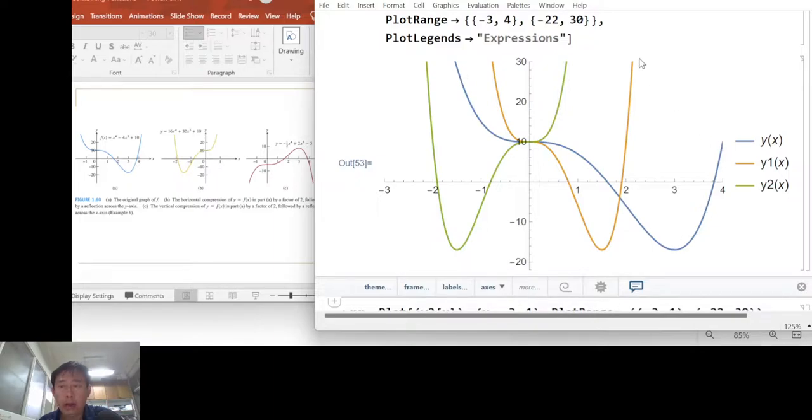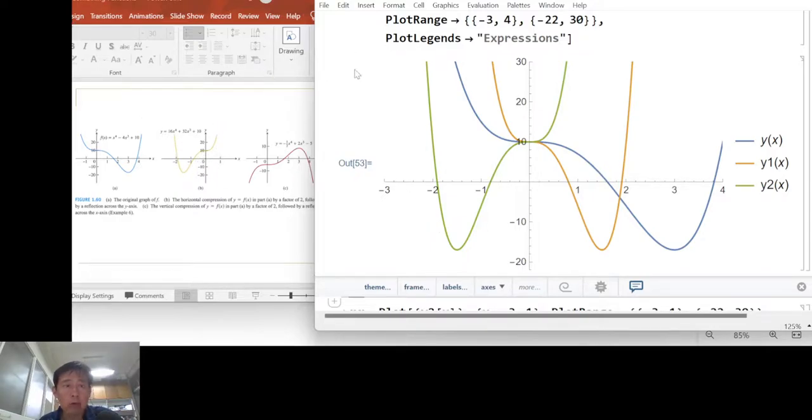Then this function y1 is reflected about the y-axis to result in a curve which is green in color. So this is the resultant function after the two successive operations, and this green curve is exactly the same as this one.